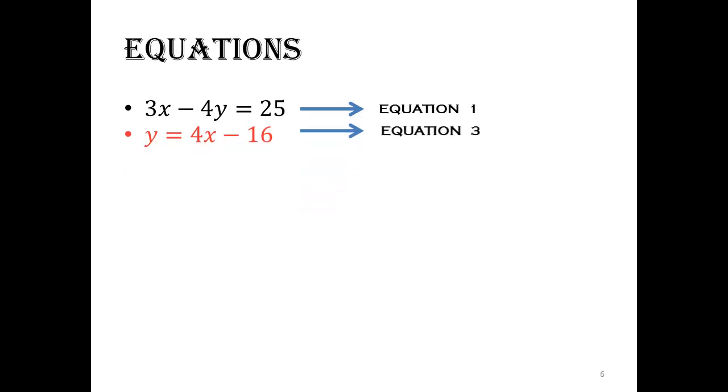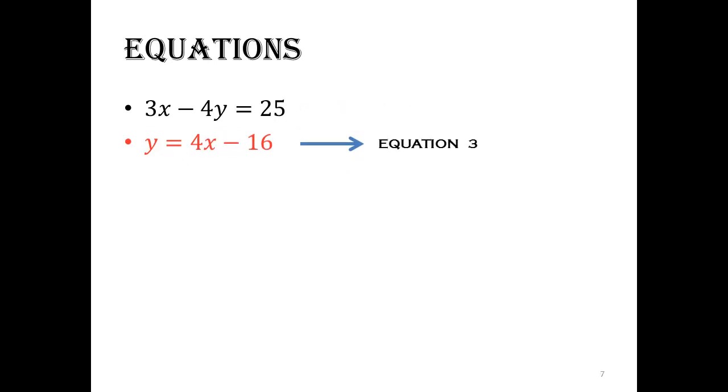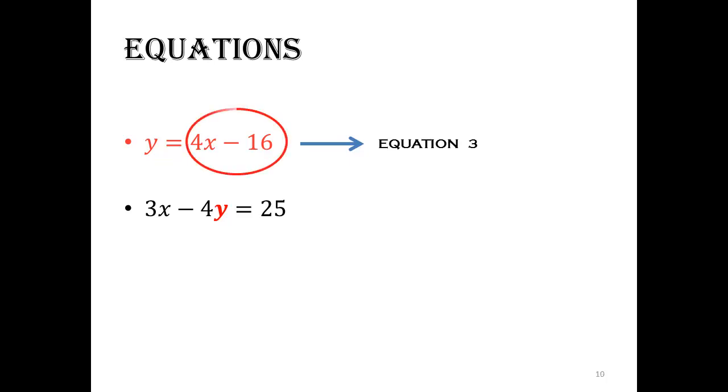Now we will use equation 3 and we will put the value of y from equation 3 into y of equation 1. The value of y in equation 3 is 4x minus 16.